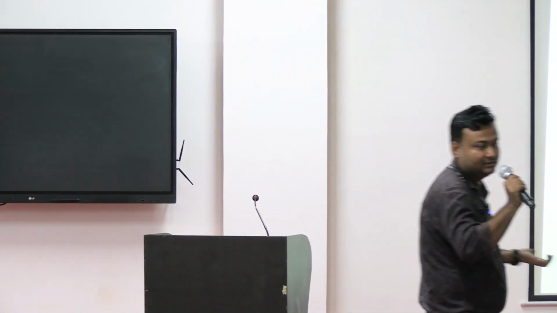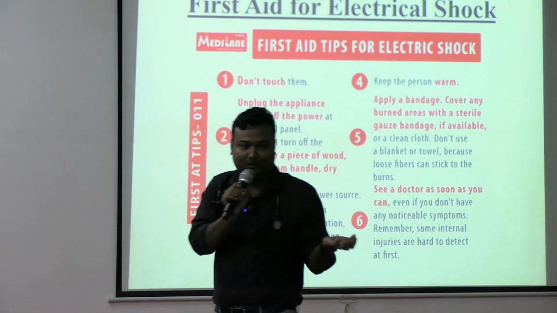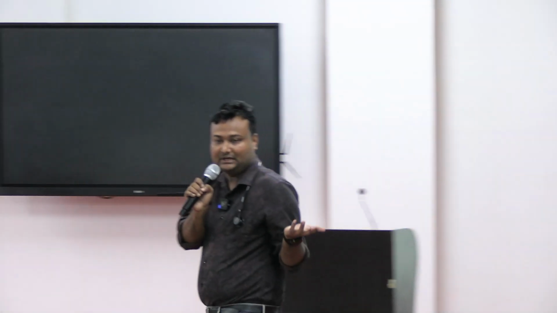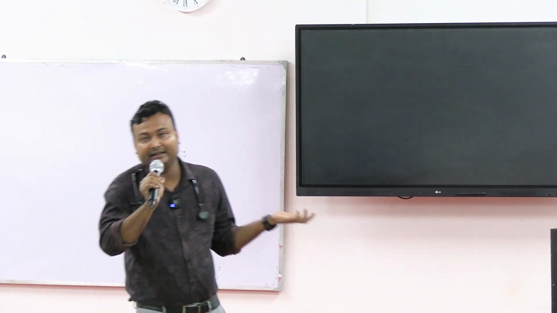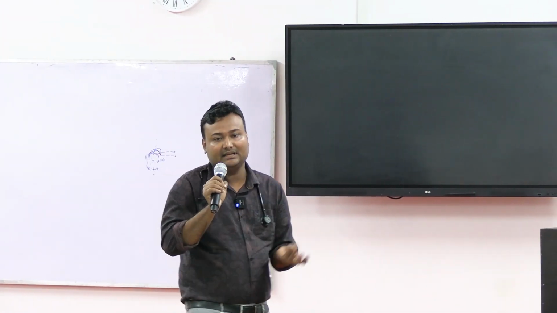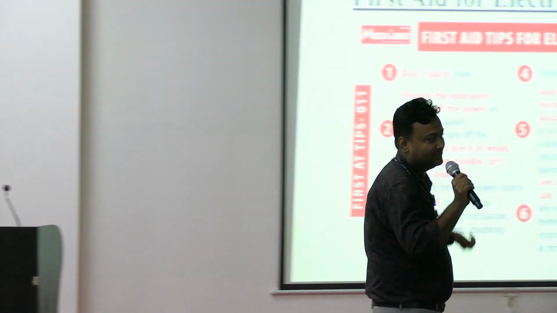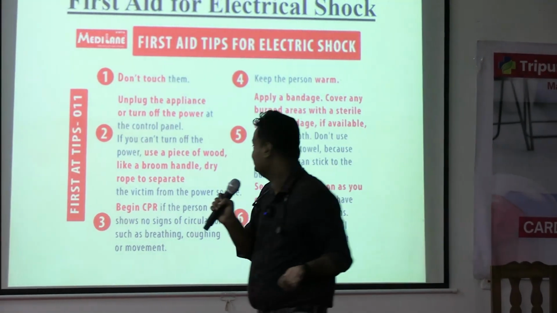Remember, after an electrical burn, an injury may look small, but it can be very dangerous for life also. So even for electrical injury, even a small burn can be very dangerous. So do not ignore a small injury after an electrical burn.